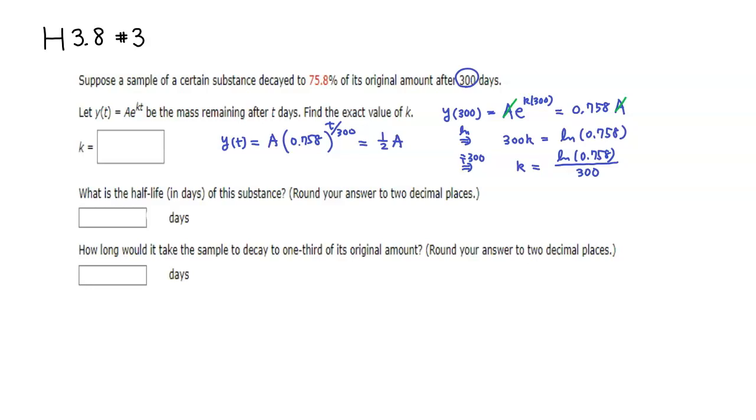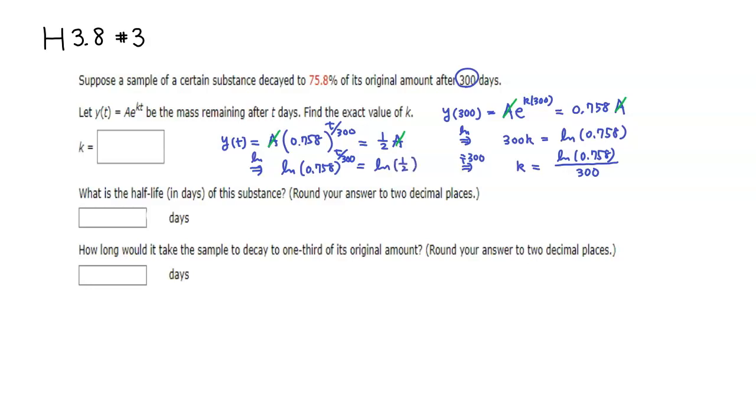Let's solve that. Again, we can cancel the A's on both sides, and then take the natural log of both sides. So you have the natural log of 0.758 to the t over 300 equal to the natural log of 1/2.